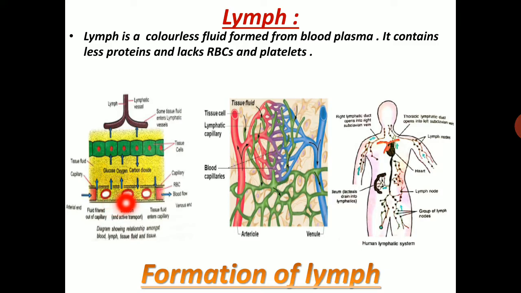When the capillaries carry the blood in the tissue organs or tissues of the body, due to blood pressure, the liquid part of the blood, that is blood plasma, escapes out into the tissue spaces or intercellular spaces present between the cells, along with various substances like proteins, nutrients, respiratory gases, and supplies it towards the body cells.